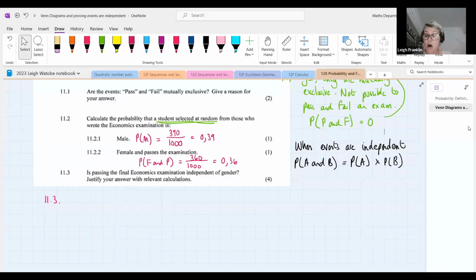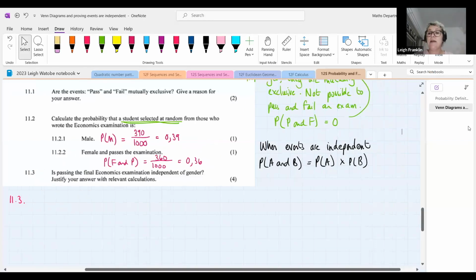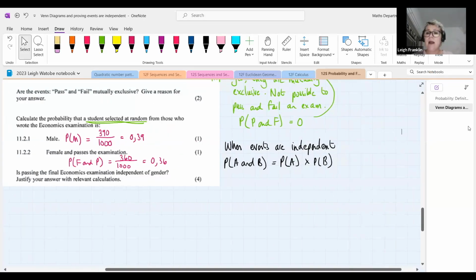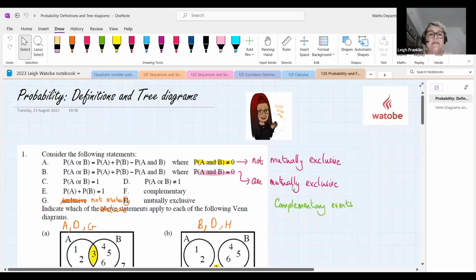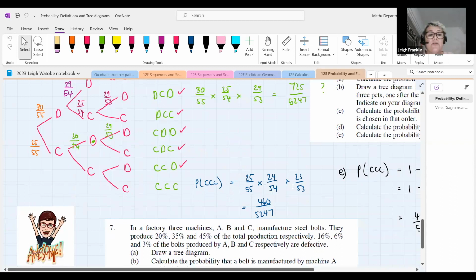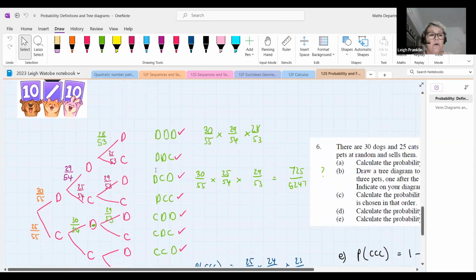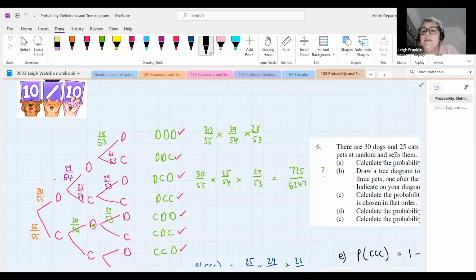When events are dependent, we've actually had a look at dependent events in our previous lesson when we spoke about the dogs and the cats. I don't know if you remember this from our last lesson. We said that there were 30 dogs and 25 cats.